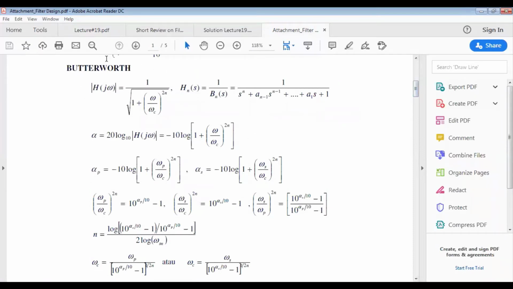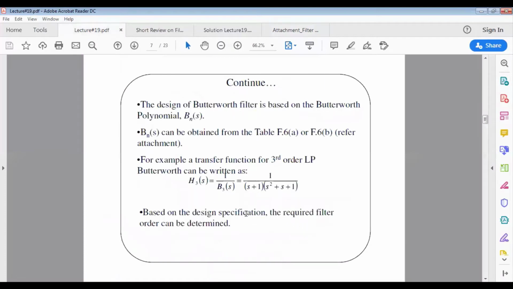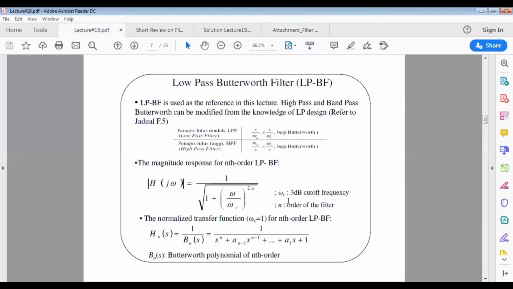This is what we call the transfer function: 1 over square root of 1 plus omega over omega C to the power of 2n. Never memorize this. It will be provided to you. Here omega C is the 3 dB cutoff, and n is the order of the filter.